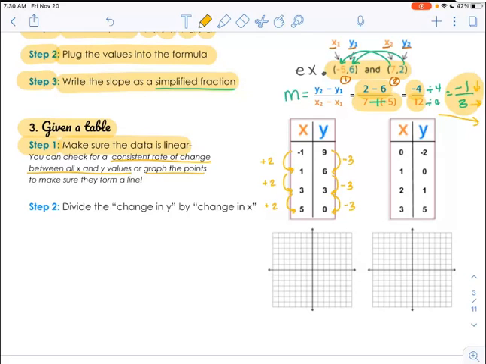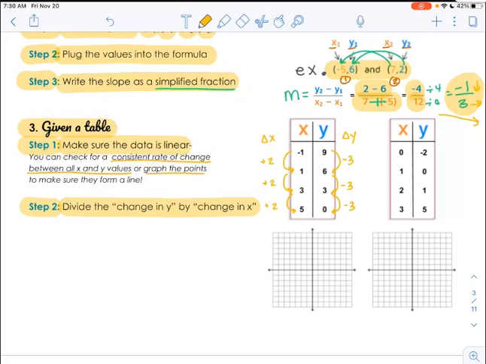In order to then define the slope of the line, that's what brings us to step 2. For step 2, we're going to divide the change in y by the change in x. That's what I just did. I found this is the change. Remember that symbol, that triangle symbol means change in x. And what I found over here was the change in y. How are those values changing?